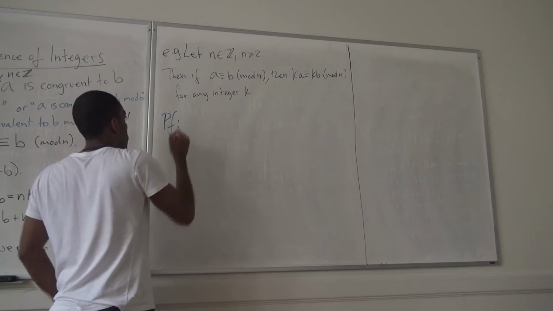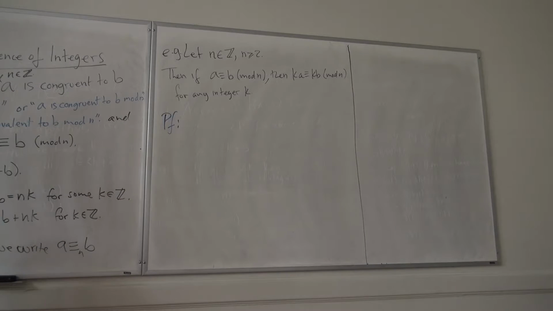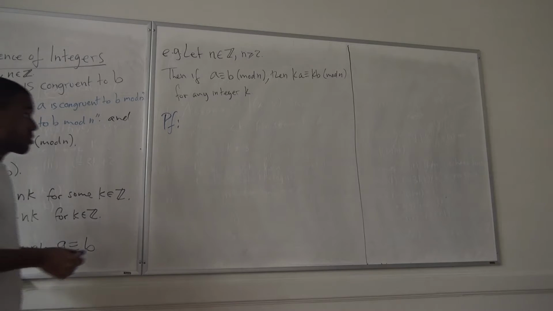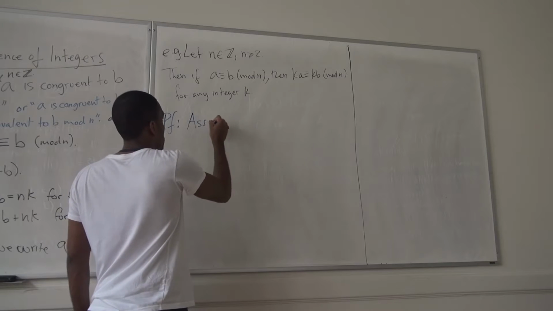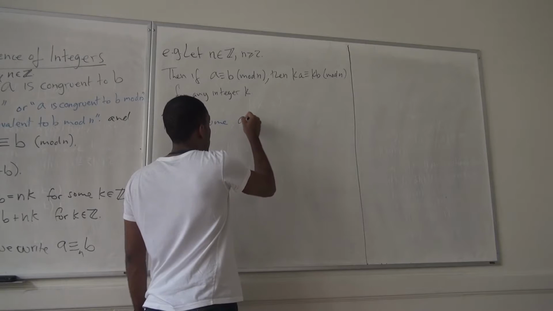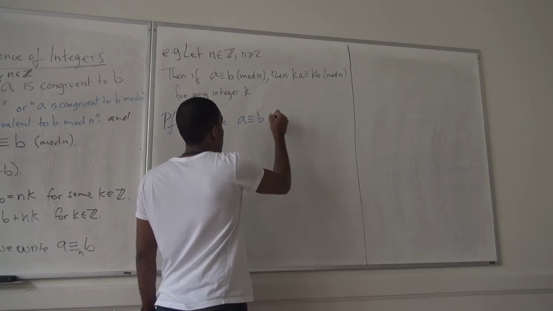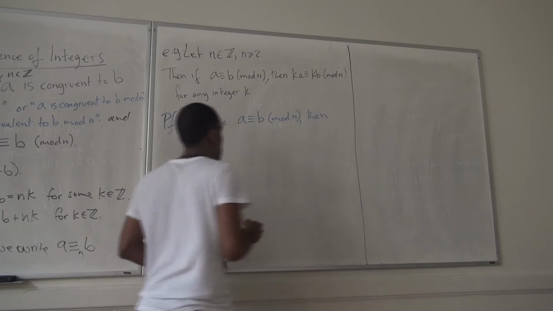Proof. Assume P, you want a direct proof. So assume A is equivalent to B mod n. Then what can we do with that?